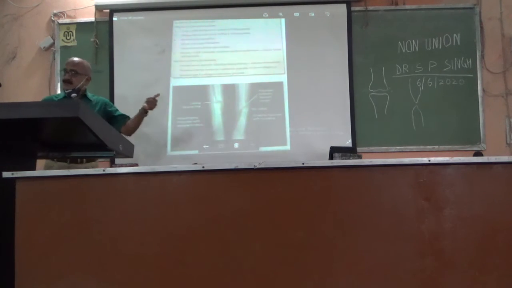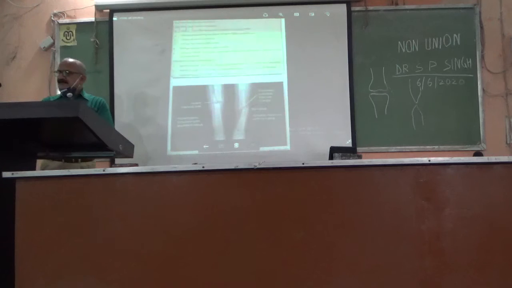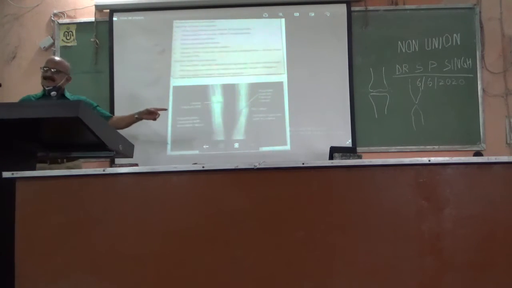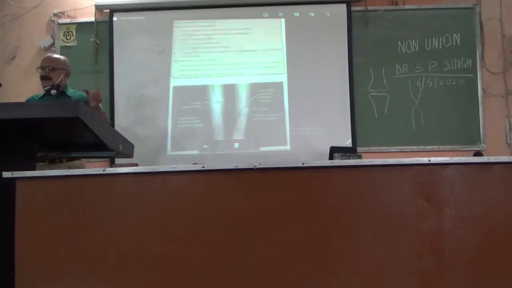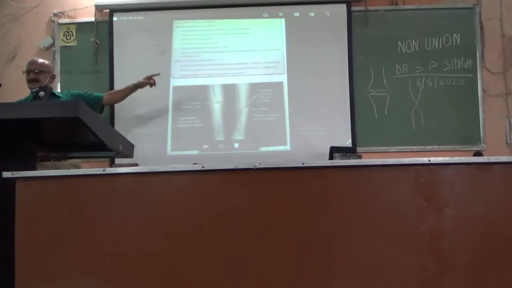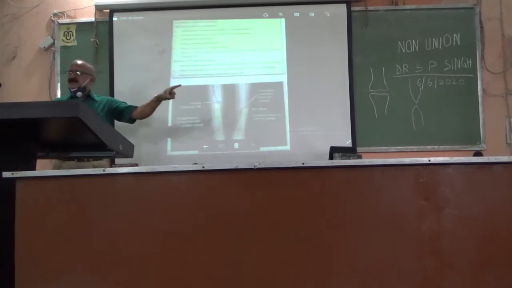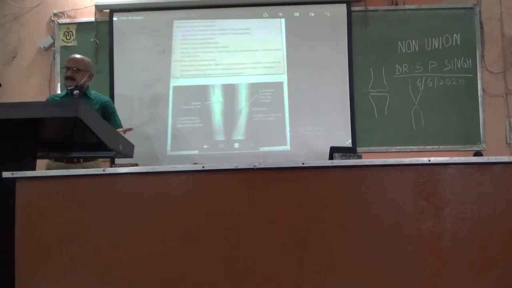This is atrophic type. So these are things. So there is a fracture line, presence of fracture line, absence of bridging callus. With these things, तो जिस तरह के signs मिलेंगे, and of course in the whole vicinity you will find osteoporosis.